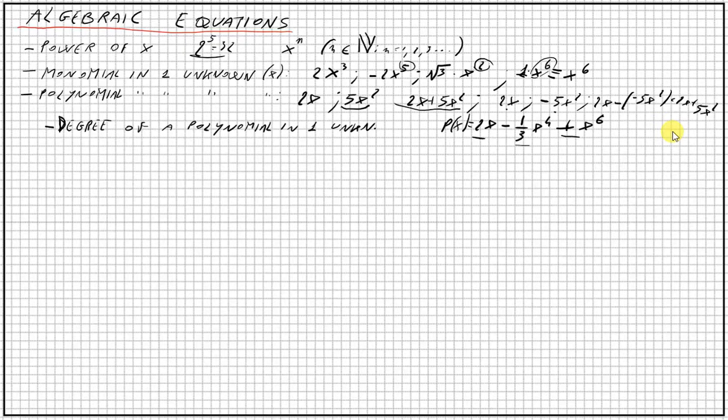So this degree is 1. This degree is 4. This degree is 6. The highest of these degrees, by definition, is the degree of the polynomial. So the degree of a polynomial is defined as the max degree of its monomials.